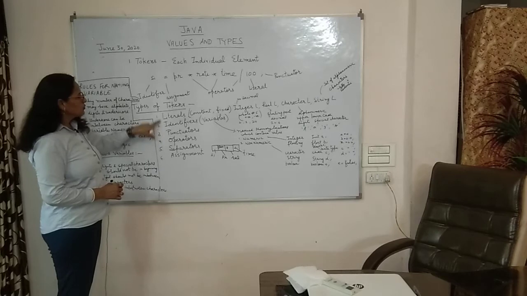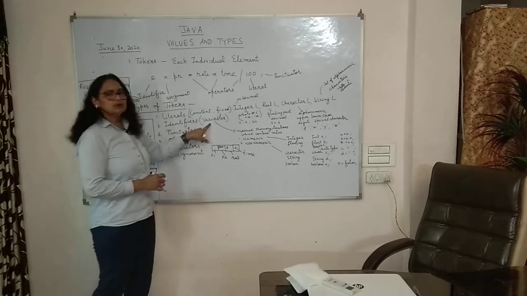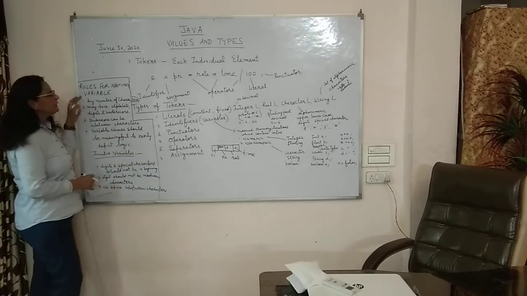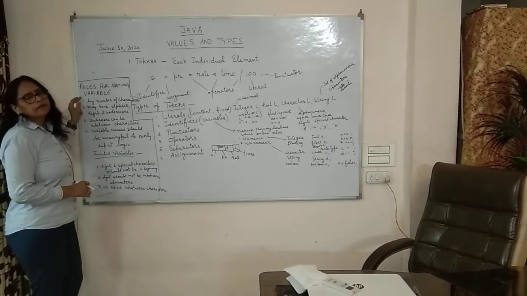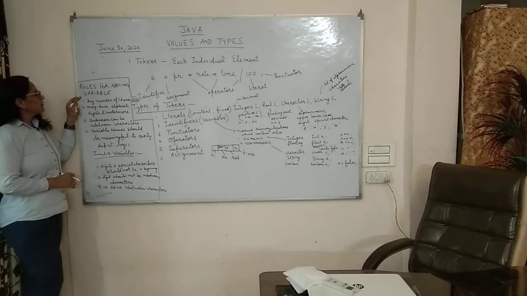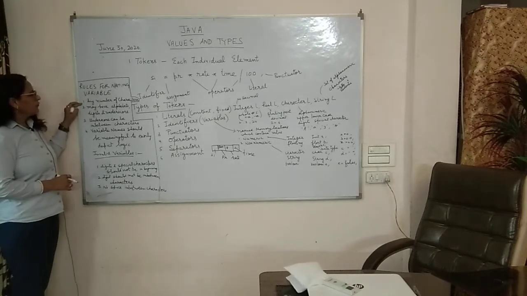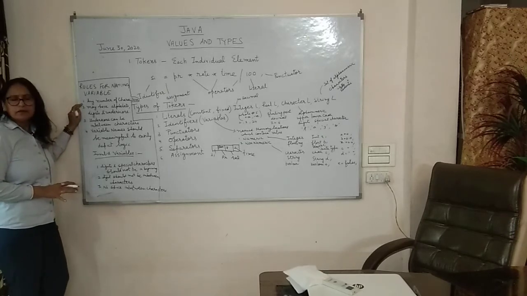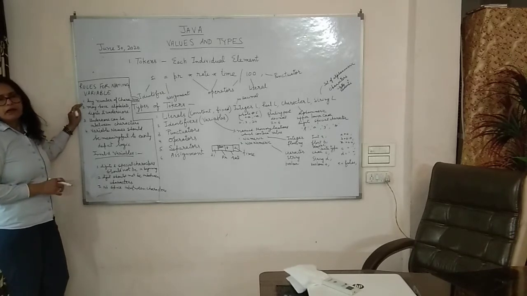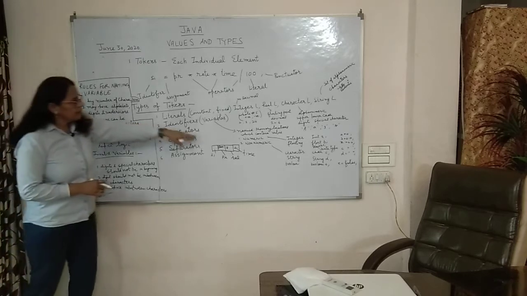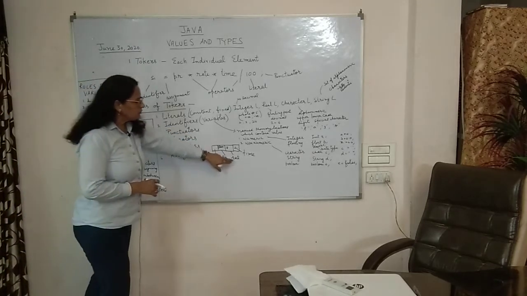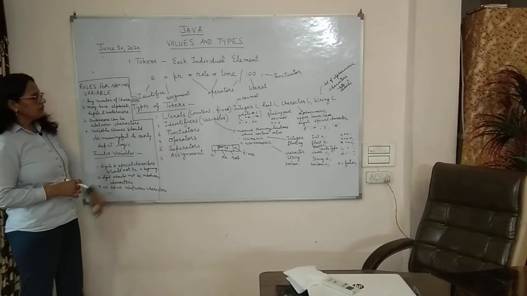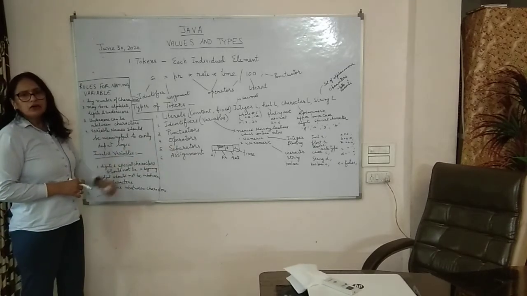So these two were done. Now next we will do the rules of naming the variables. There are particular rules to name the variables. First of all, any number of characters can be used in the variable name. These are user-defined names. The programmer has given the names to these memory locations.